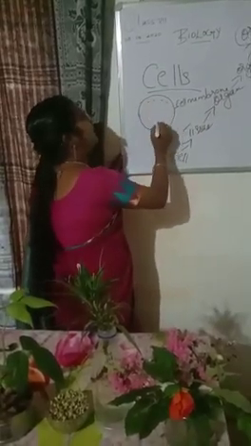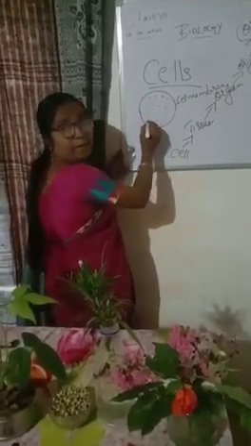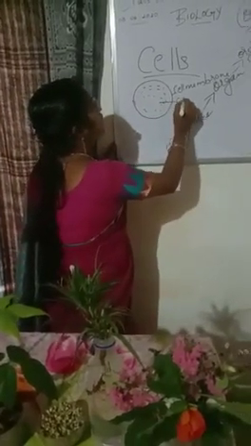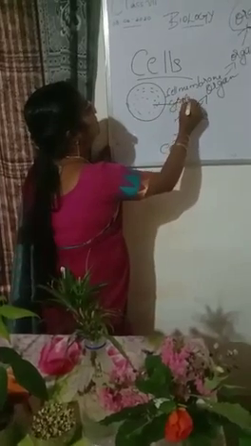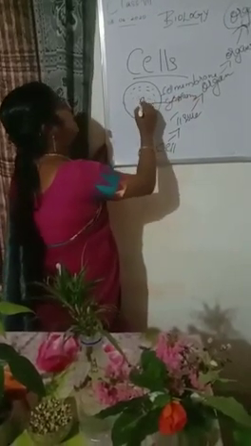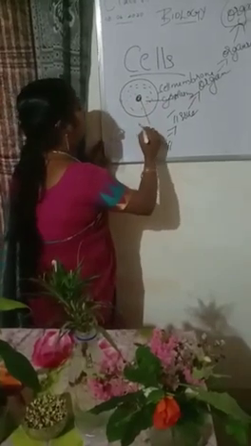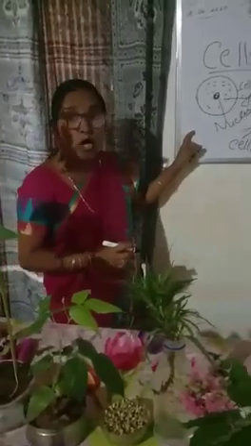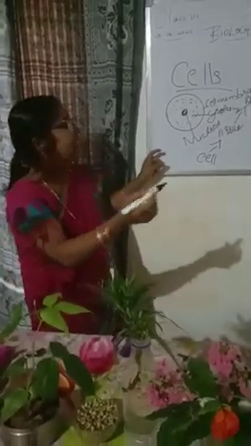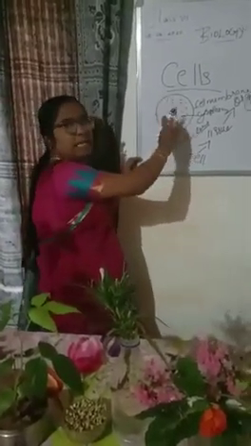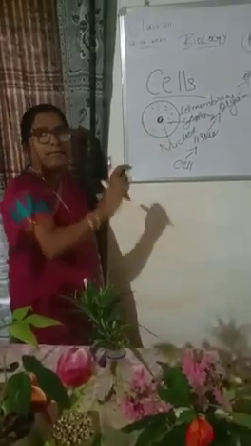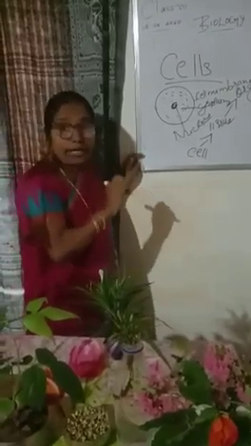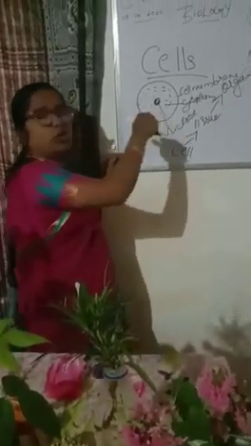Inner to the cell membrane there is cytoplasm, and in the center there will be a nucleus. Nucleus is the most important part of a cell that we will learn later. Inside the cytoplasm, or embedded in the cytoplasm, there are minute, specific structures known as organelles, cell organelles. All those things you will learn later.